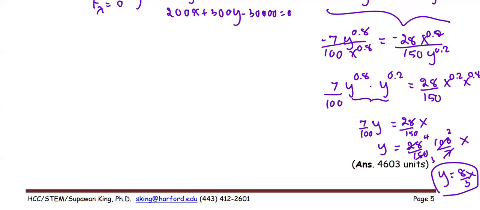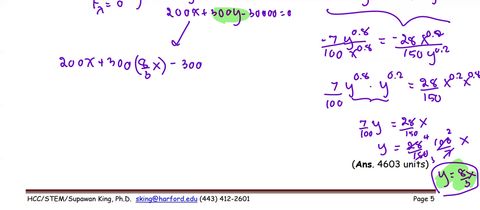Now, we're going to use y equals 8 over 3 x in the last equation. So 200x plus 300 multiplied by 8 over 3 times x minus 30,000 equals 0. We're going to solve for x at this step. 3 and 300 reduce to 100, so plus 800x equals 30,000.